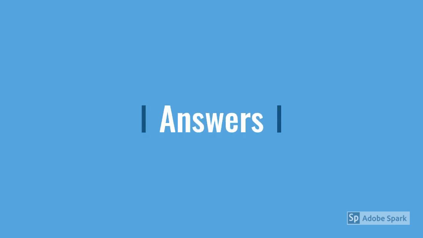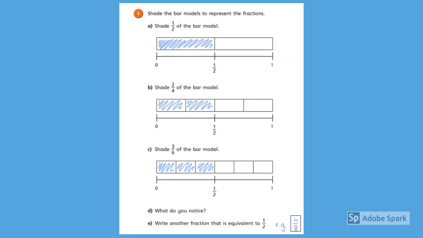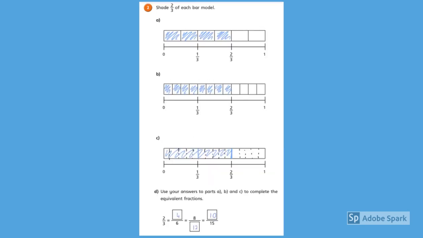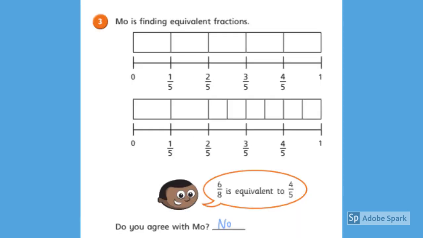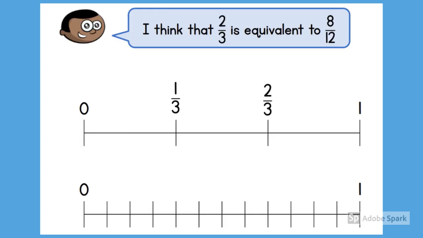So let's check the answers. Mo thinks that 2/3 is equivalent to 8/12. So he's taken 2 number lines. He's cut the first one into 3 equal parts and labelled them 1/3 and 2/3.